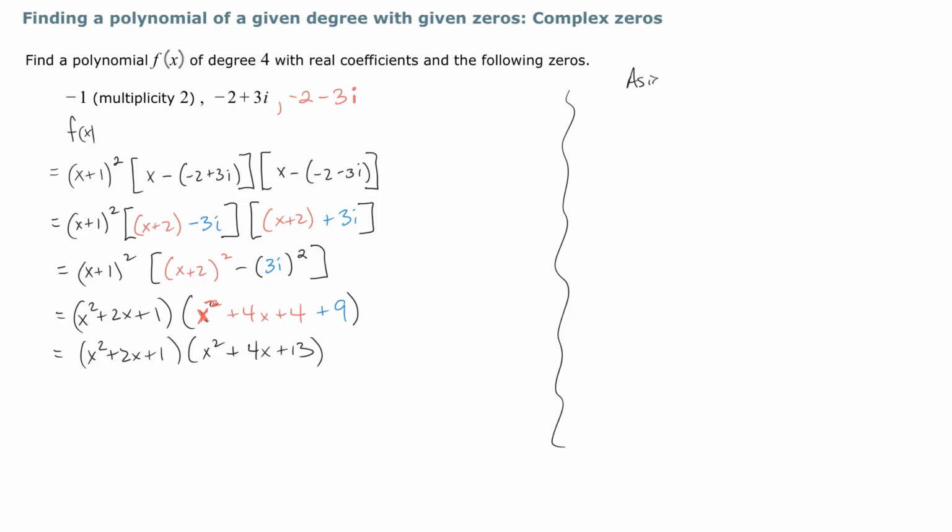Let's do this off to the side. This is going to equal x to the 4th plus 4x cubed plus 13x squared plus 2x cubed plus 8x squared plus 26x plus an x squared plus a 4x, and then plus a 13.